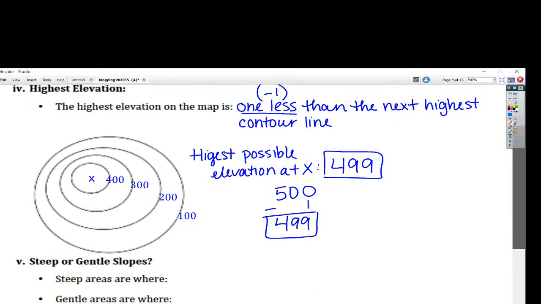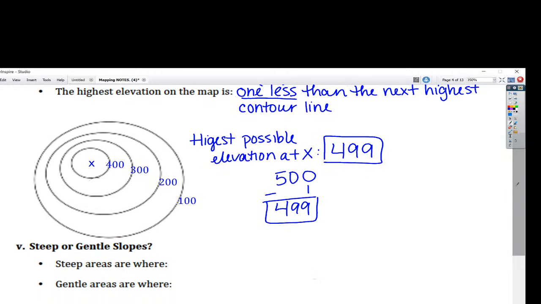Okay, so steep versus gentle slopes. Next to this, I'm just going to put in the parentheses and write gradient. We already kind of talked about this yesterday, and we're going to talk about it in a different way today. So this is a picture of a hill or a mountain.